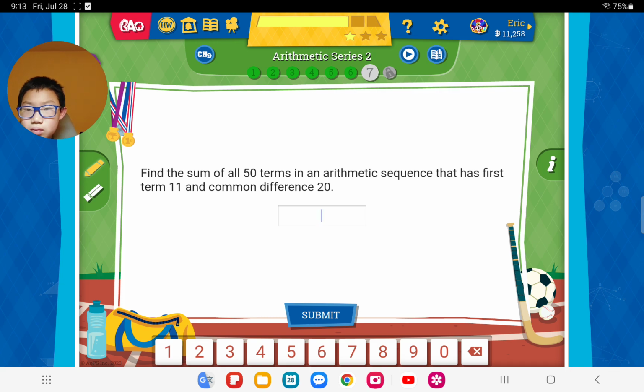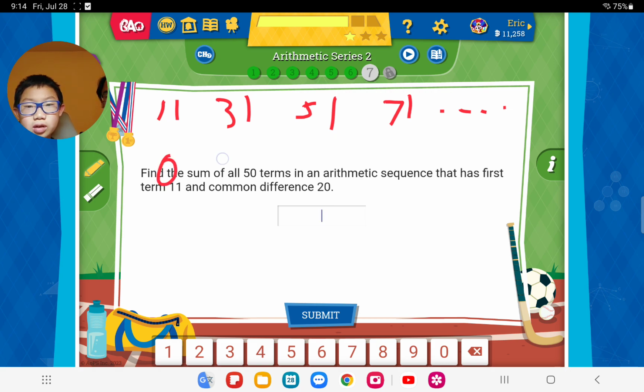For example, the first is 11, then it is 31, 51, and 71. Is it correct? Yes. Minus 11 equals 0, 20, 40, 60.